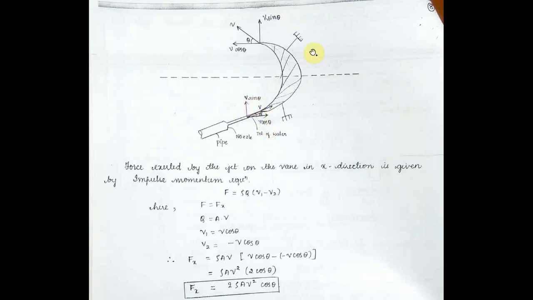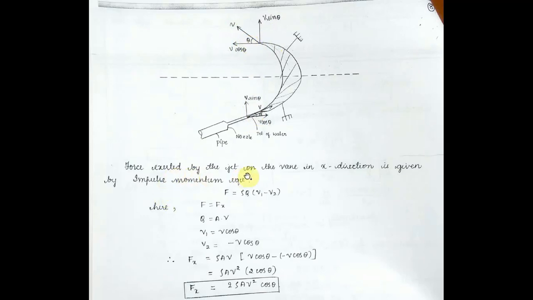You can also see this vane is fixed and not moving. This is at the entrance of the water jet, and this is at the exit of the vane where water is flowing out. Therefore this is v, vertical is v sin theta and horizontal is v cos theta, and this is the theta value.